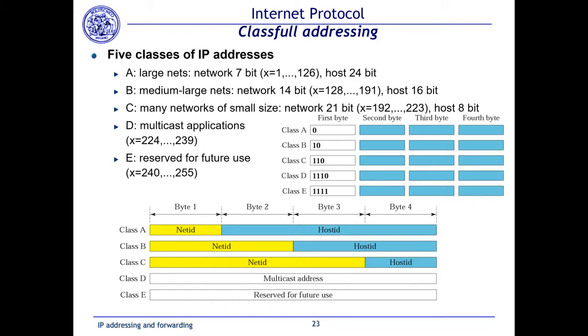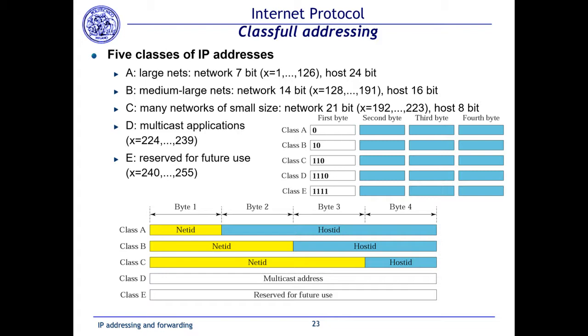Actually, in the classful system, you cannot even use all the bits of the network prefix in order to identify networks, because the classful system is based on a code that is composed by the most significant bits of the IP address. That code identifies the class.